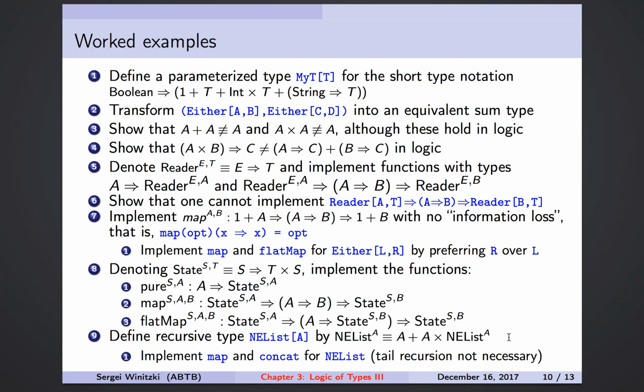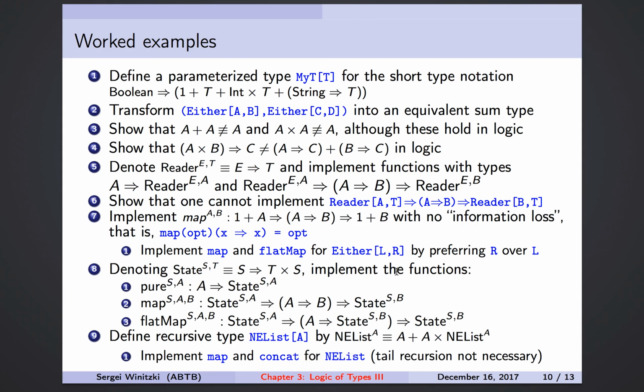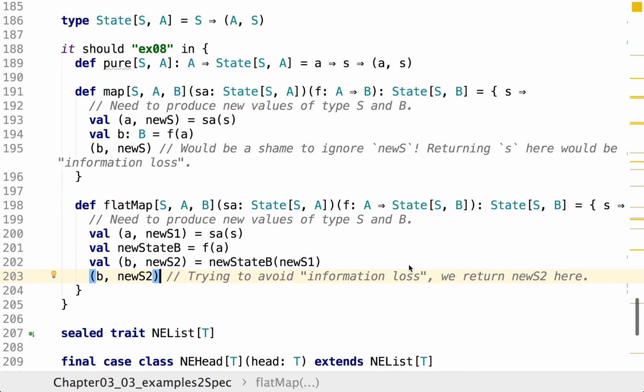So it's like this infinite disjunction that we saw in this slide, this one, except it starts here. There is no 1 plus. It just starts here. So the list is never empty. There's always at least one value of A in it. That's the difference between non-empty list and the traditional list.